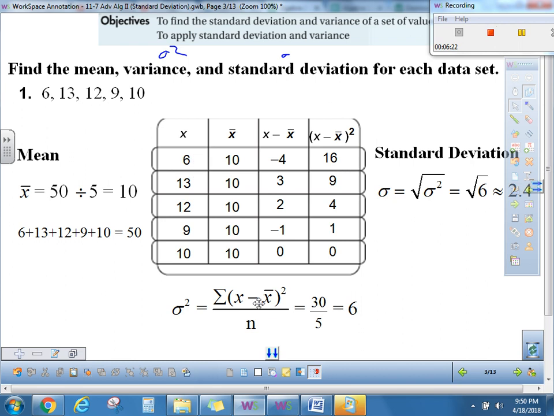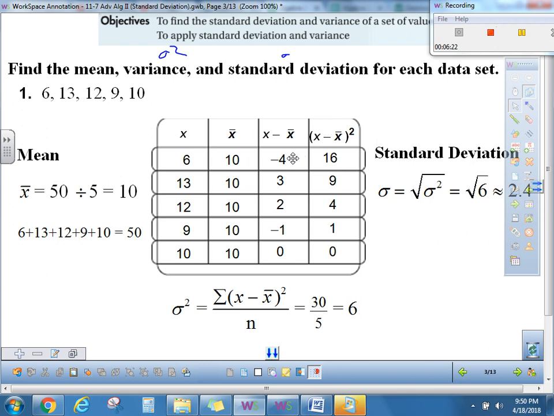So this table that you're looking at, all they've done is put in the values for x. So 6 was the first data value, then 13, then 12, then 9, then 10, and they put x bar next to it so you can see what you're subtracting from each value. So we have 6 minus 10 is negative 4. That's where that first value came in there.